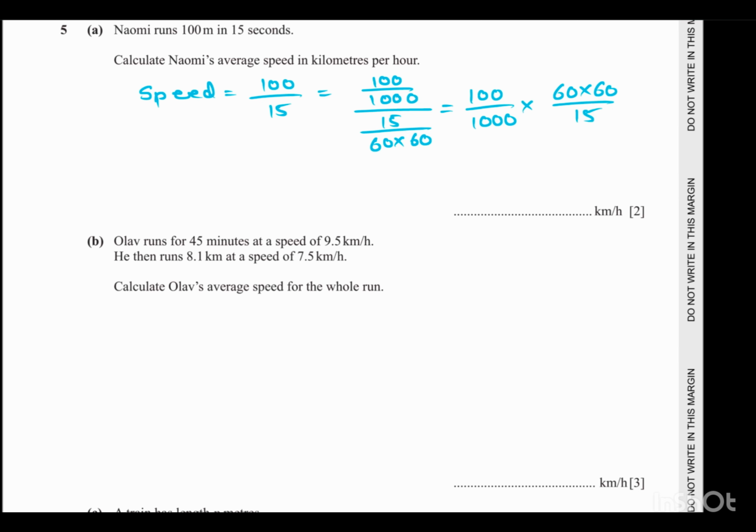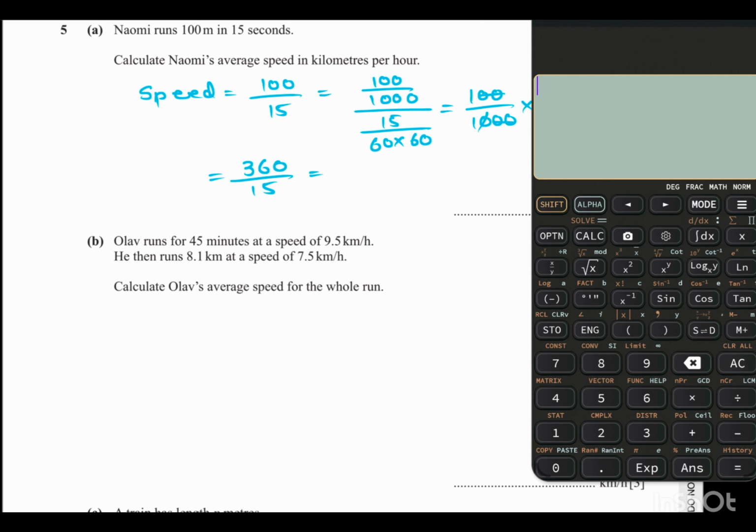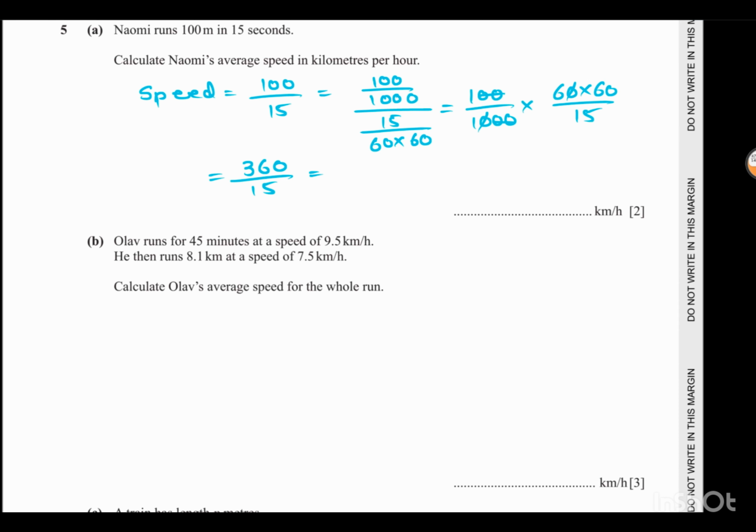So here I'll cancel out two zeros, 1 0. So the answer is 360 by 15. So what is the answer? 360 by 15. 360 divided by 15 is equal to 24. So 24 kilometers per hour will be the speed, average speed.